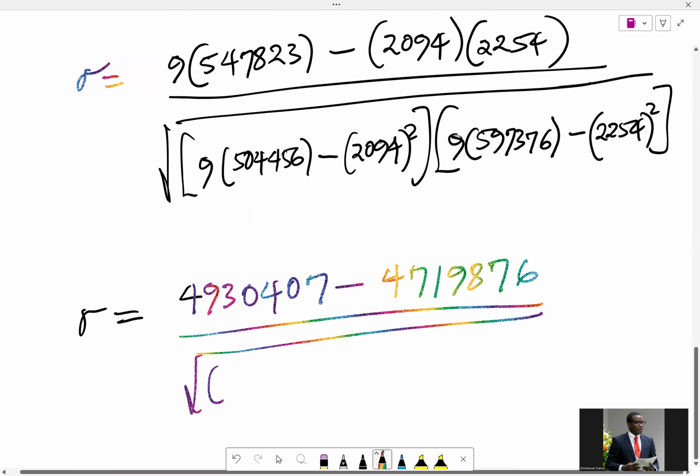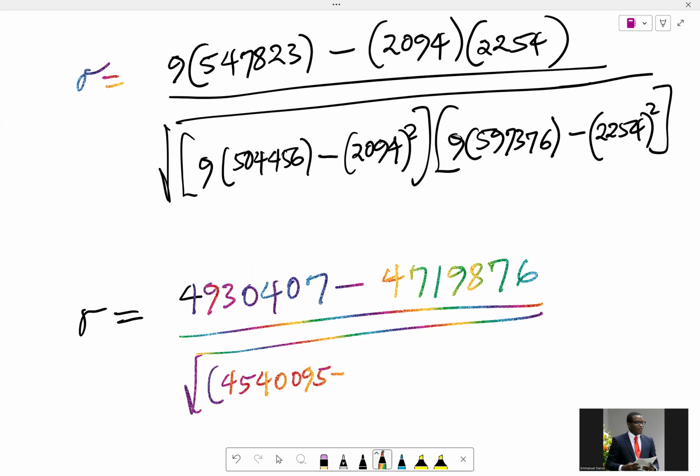so here now we have 9 times 504,456. So that is 4,540,104 minus 2094 raised to power 2. Oh, that's 456, sorry. Okay. Hope I've not made such a mistake before now.